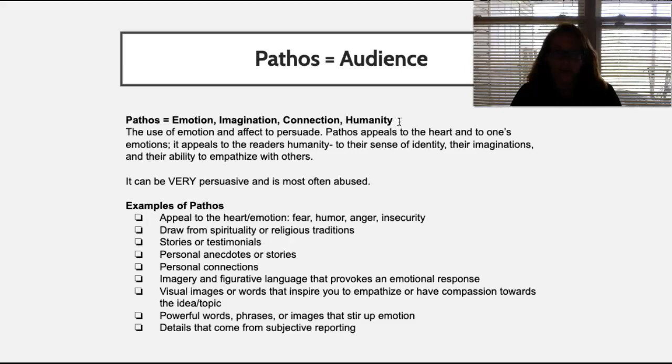For example, if I said, what is an ad that really evokes emotion, the first thing you'd probably think about is those ASPCA ads that show you the sad dogs, and they have the Sarah McLachlan songs playing in the background, and the dogs are always shaking and sick and behind cages, and you might think that that's too much, but at the same time, it helps us see and visualize.